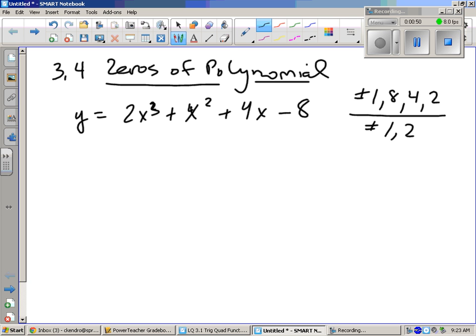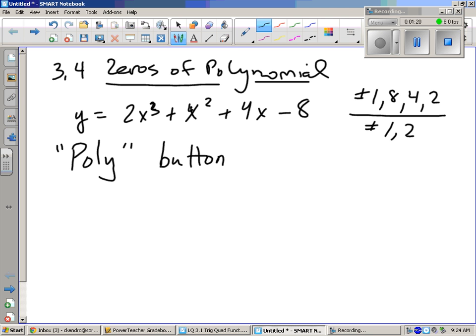So you had a ton of possibilities that you could try in the press box. And usually in Algebra 2 it gave you hints, try the even ones or the positive, negative, or positive odd ones or something like that. Well, no more, okay? So when you do the poly button on your calculator, it will give you the zeros.